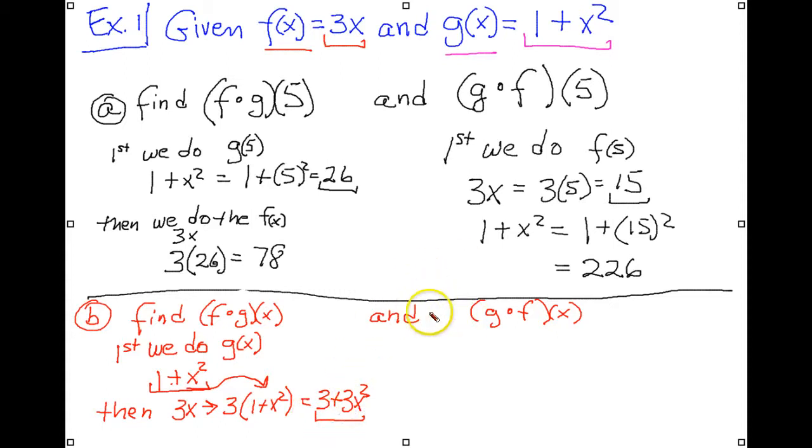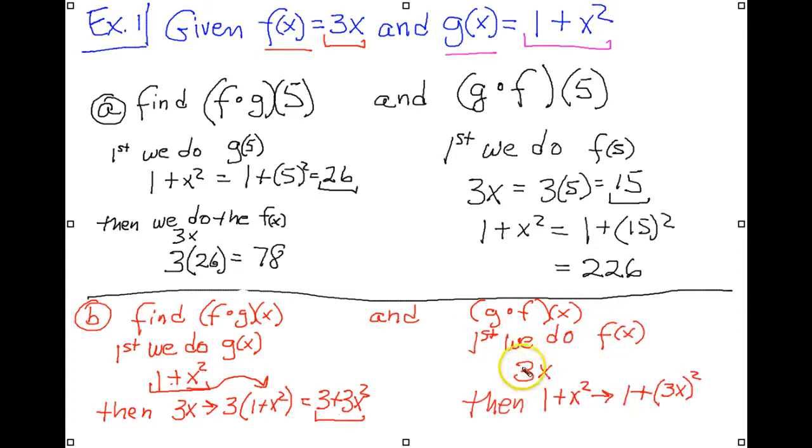All right, let's go on to this one. So here we want to look at what f is first. Then we get our f of x up here is 3x, which is our 3x. Then we apply the g function, which is 1 plus x squared.